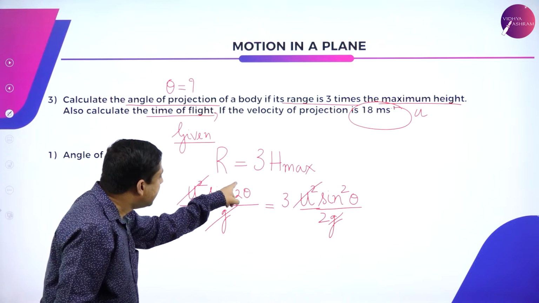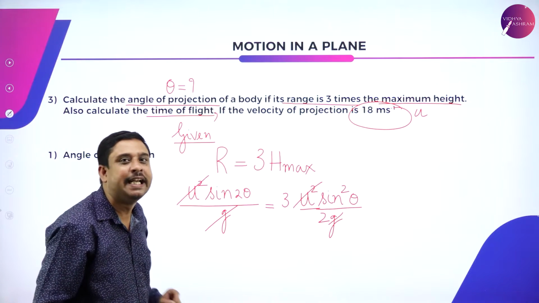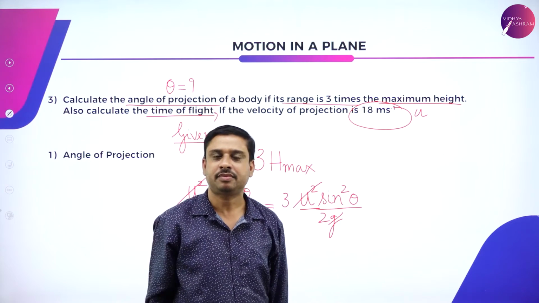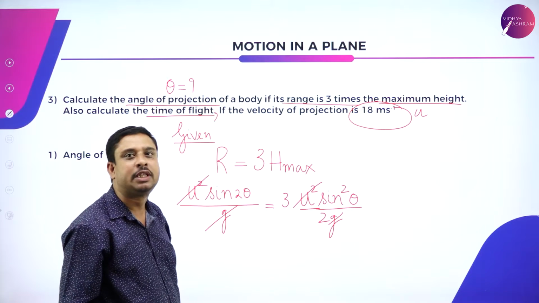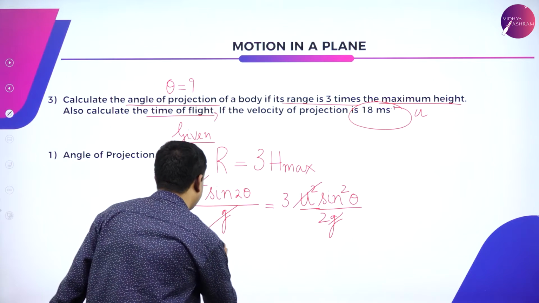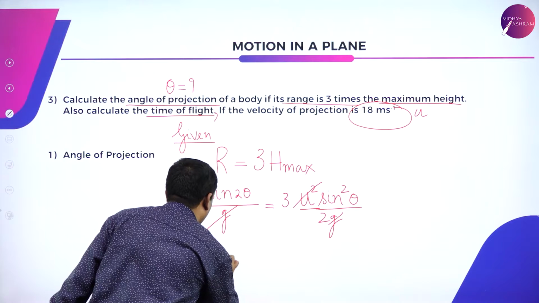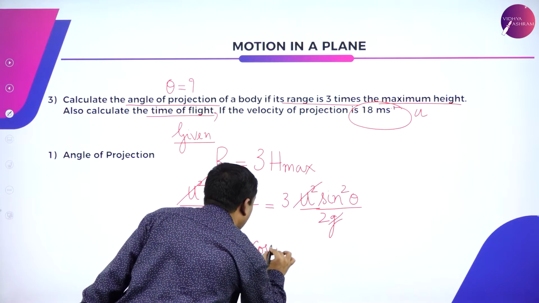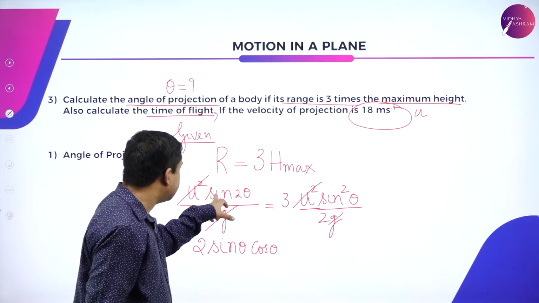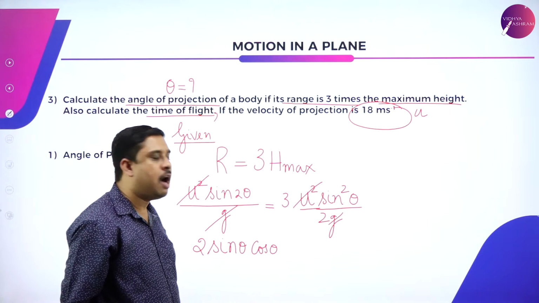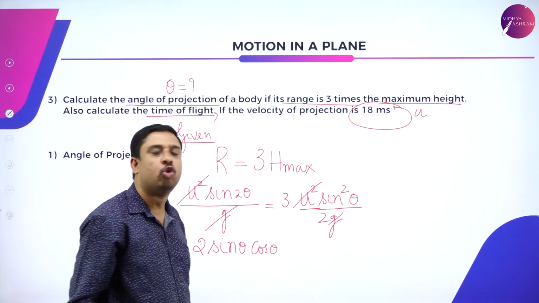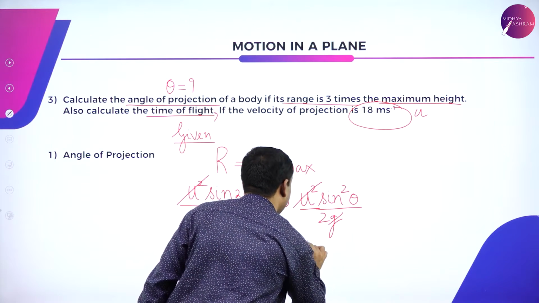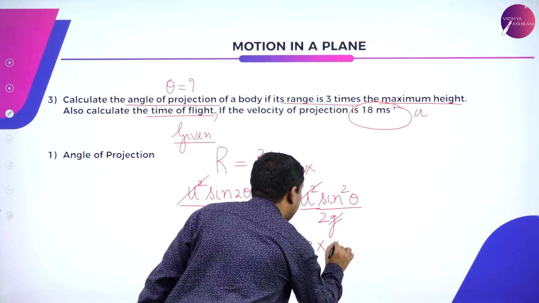Now, this sine 2 theta, go back to the derivation for range. Sine 2 theta can be expanded as 2 sine theta into cos theta, which is 3.